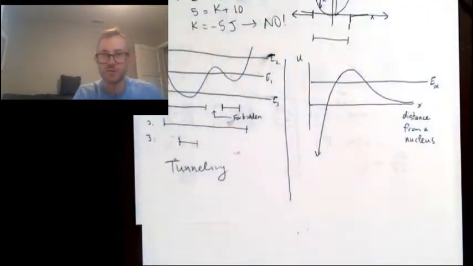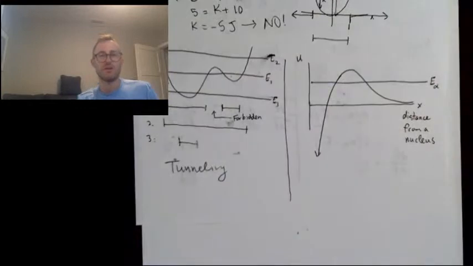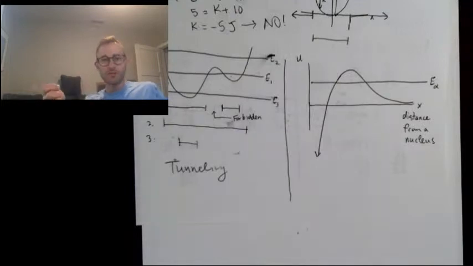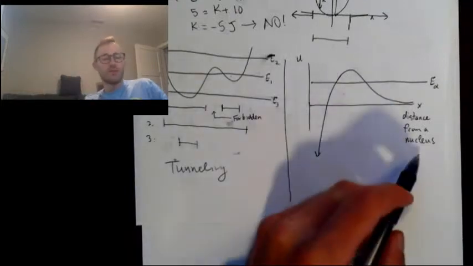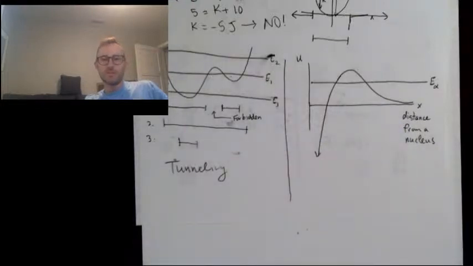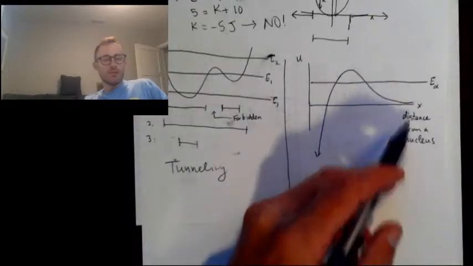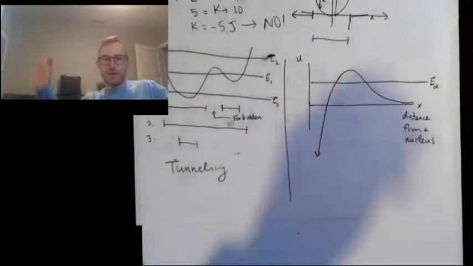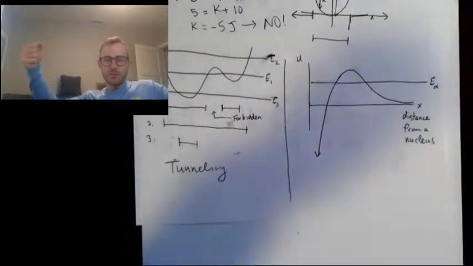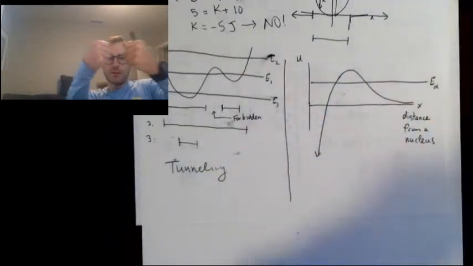An alpha particle is a helium nucleus, okay? So a helium nucleus has 2 protons and 2 neutrons. Protons have positive charge. This other nucleus has a positive charge, and as you know from electricity, opposites attract, likes repel.